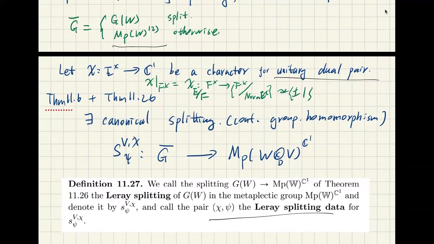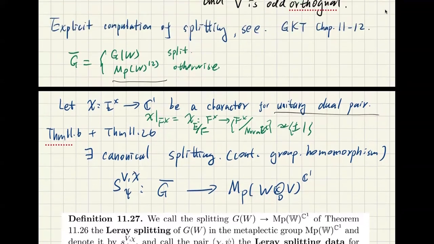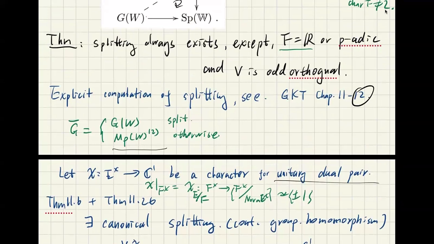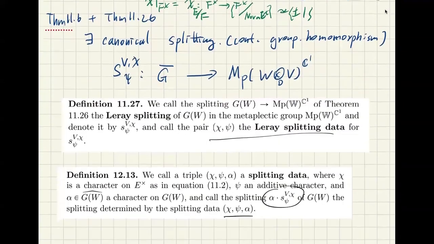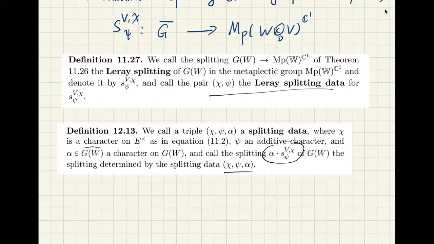How it matters. Yeah, that's why GKT is so thick. They have a whole chapter discussing this problem. The alpha again, alpha is just a character of GW, an arbitrary character, no need to add a C character.